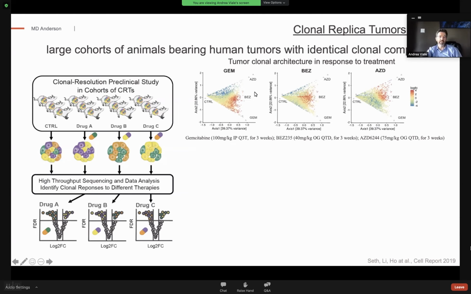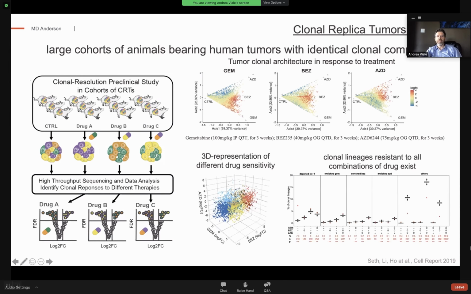These are the clones that are spared by gemcitabine, gain fitness, and basically sustain a tumor relapse. And this population of cells is completely different from the clones that are surviving the PI3 kinase treatment or the MEK inhibitor.